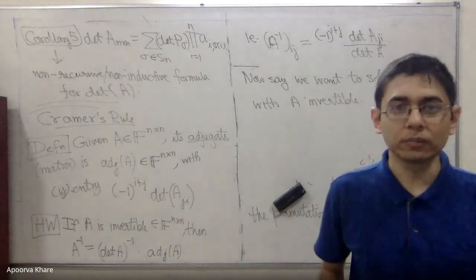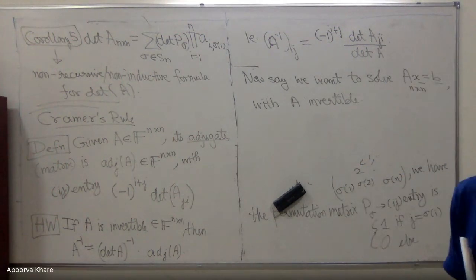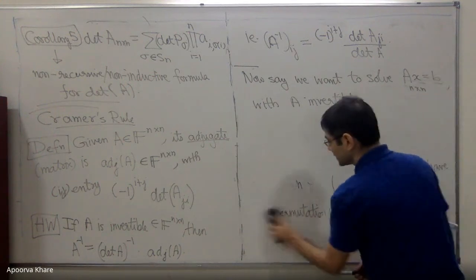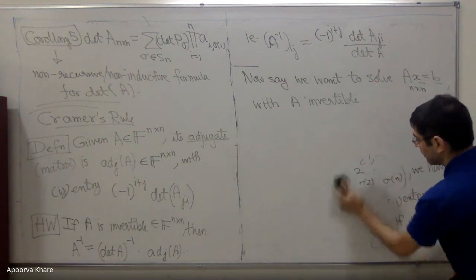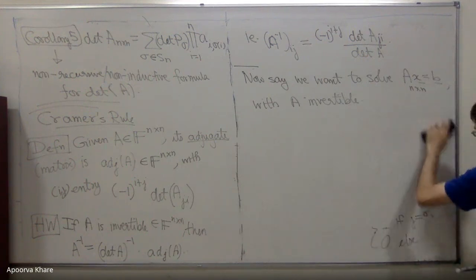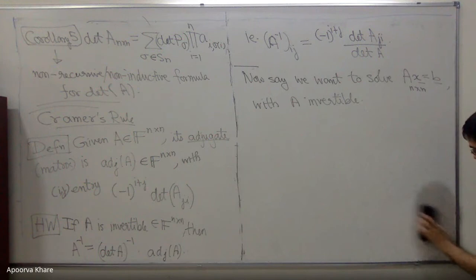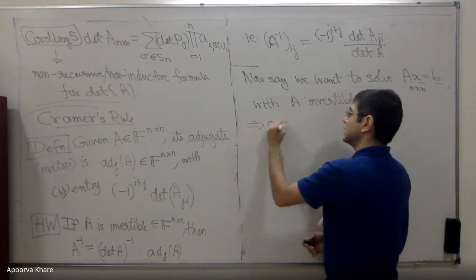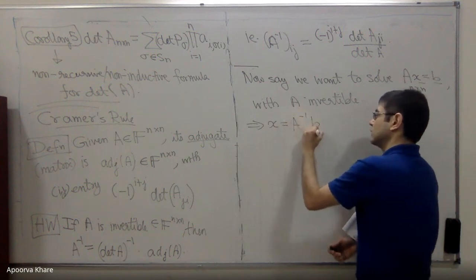Suppose I already know that my matrix A is invertible and I want to solve Ax equals B. So what do you do? Well, you know what the answer is. Let us just write this down: x equals A inverse B.